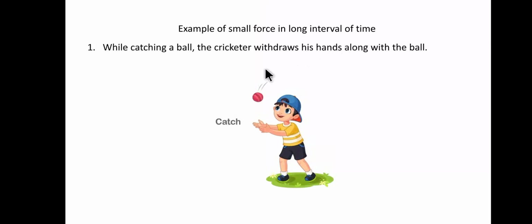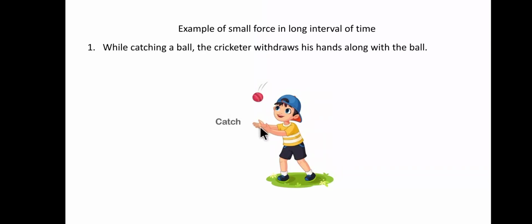Now let's look at the second part, that is examples of small force in a long interval of time, so that the linear momentum remains as it is. So you are applying less force, but the time duration is more. Number one example is, while catching a ball, the cricketer withdraws his hands along with the ball. So in order to catch the ball more effectively, the force cannot be applied more over here.